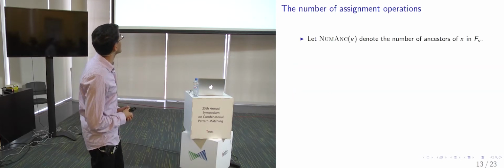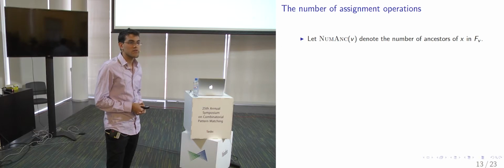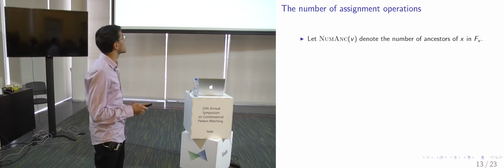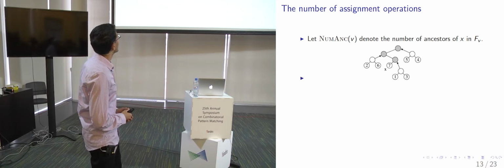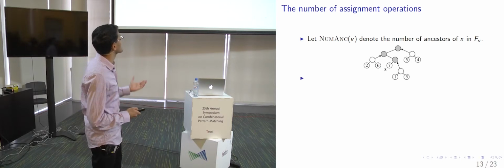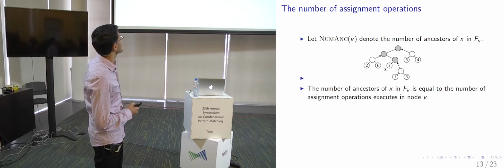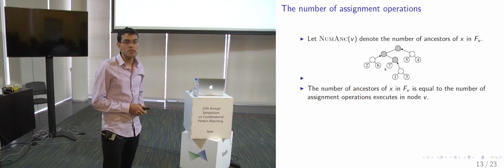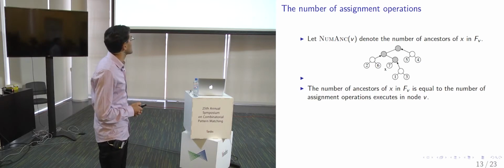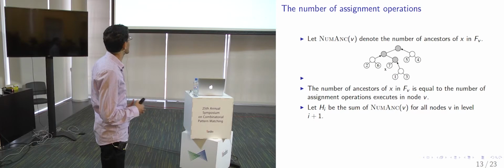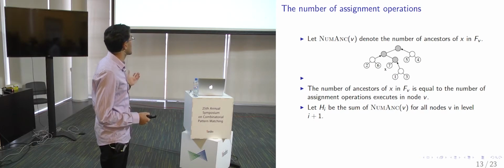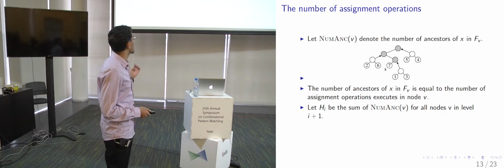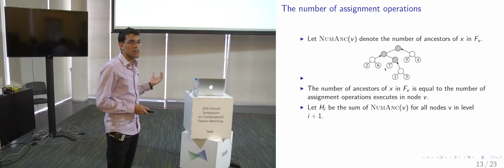We denote by num_unc the number of ancestors for a node V in the search space tree, which is a phylogeny. The number of assignment operations is the number of ancestors, the nodes that are gray. We'll denote by H_i, which will be more convenient, the sum of all num_unc for all nodes in level i plus 1 in the search space tree.